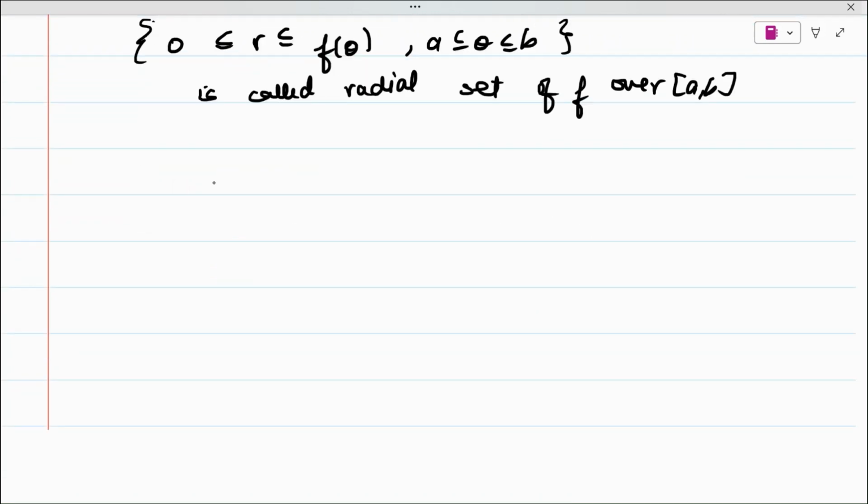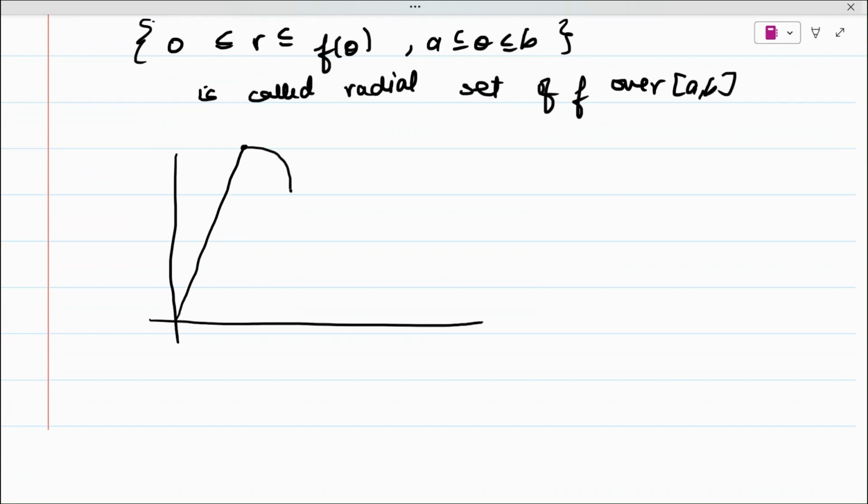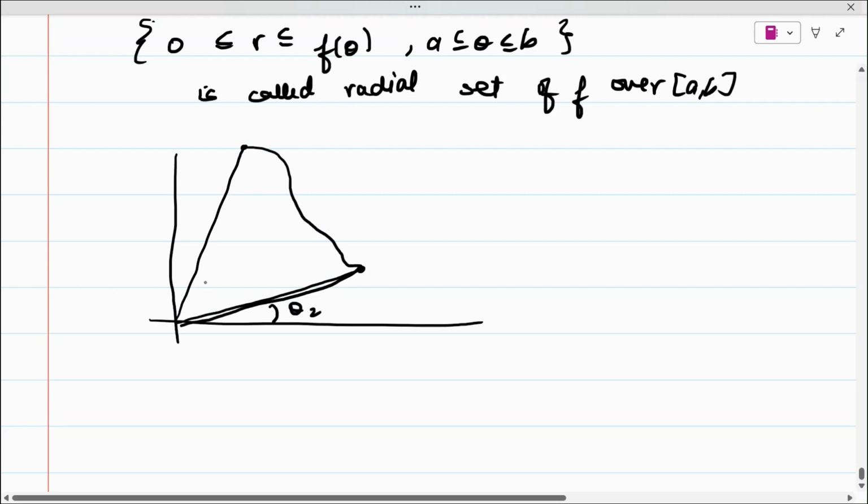So we can describe it here: we have one point here and make something like this. Let this be theta 2, this be theta 1, this be theta, so say theta 1 is b.